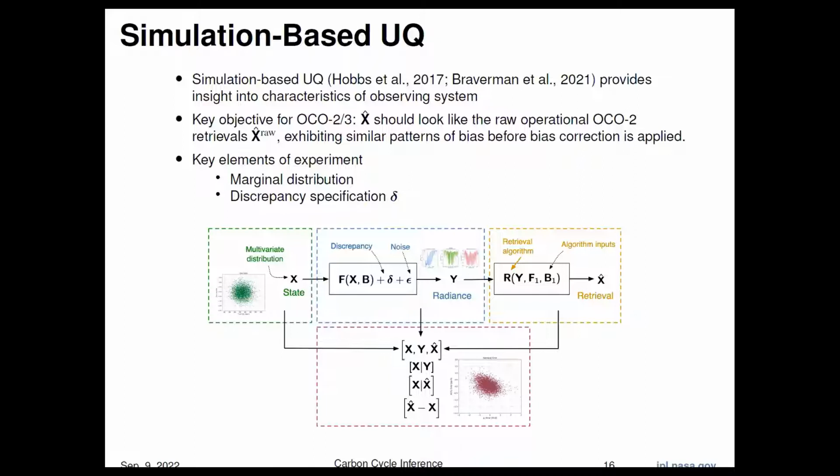In the simulation, we inject this discrepancy to mimic that imperfect knowledge about some of those parameters. What we get at the end of the day is a collection of joint distributions at the bottom that we can interrogate. We paid particular focus to the distribution of the true state given the retrieved state, X given X hat, and have some tools to apply that to the operational data products.